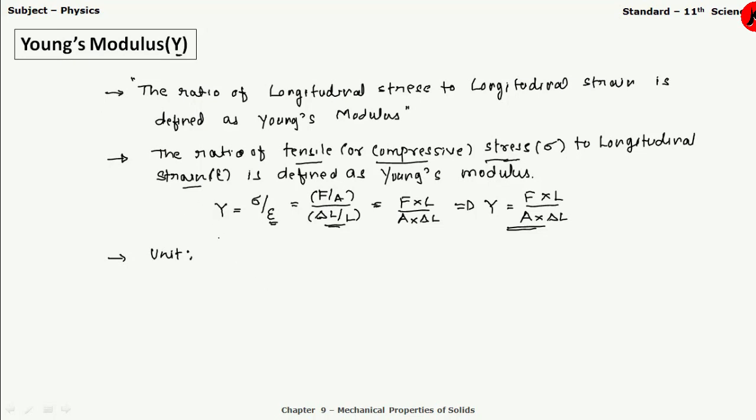Its unit is Newton per meter square, or you can say Pascal, and its dimension is M^1 L^-1 T^-2. So this is the basic concept of Young's modulus.